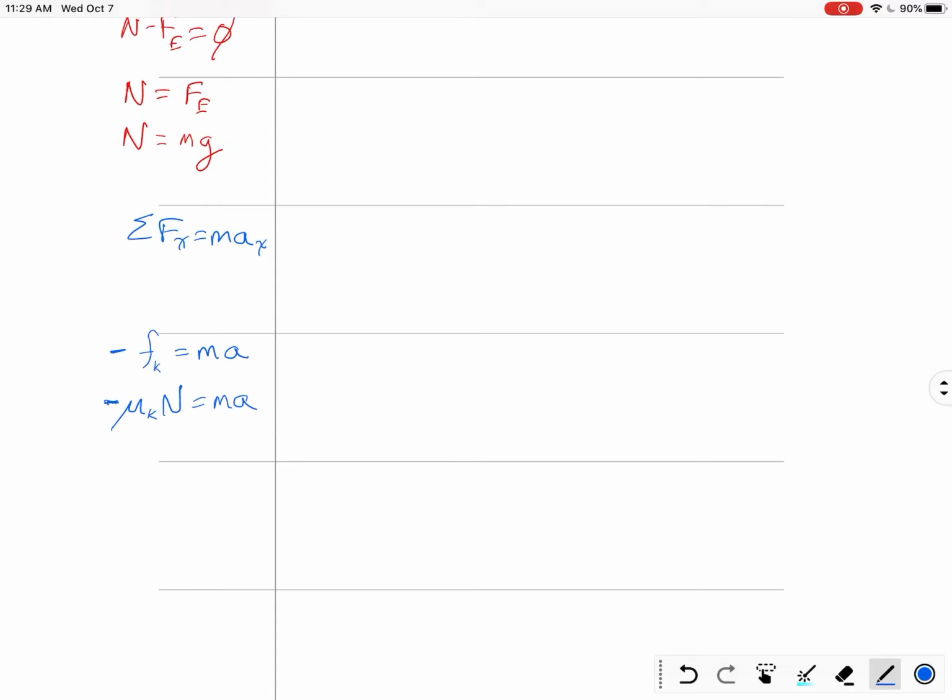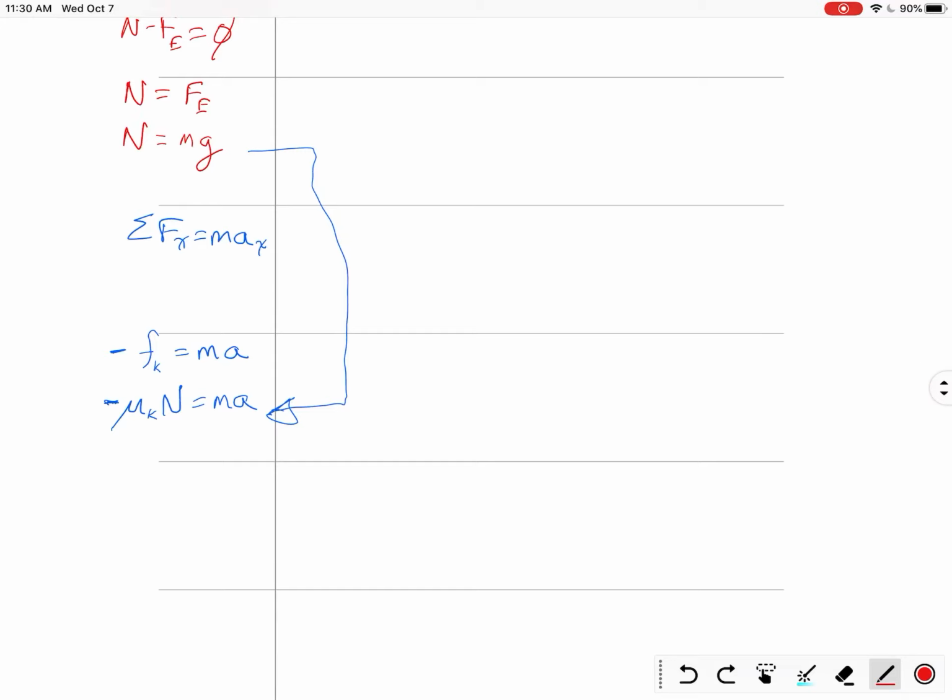And now that I have an x equation as far as I can take it, I can start combining these two things together. So I note that I have a normal force here, and I've got a normal force here. So the next step would be to combine the y equation into the x equation.